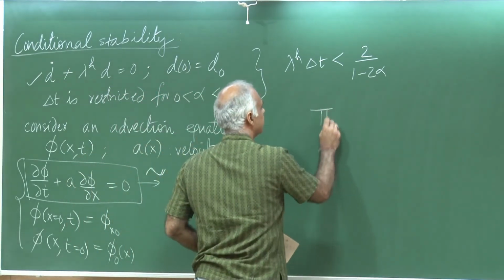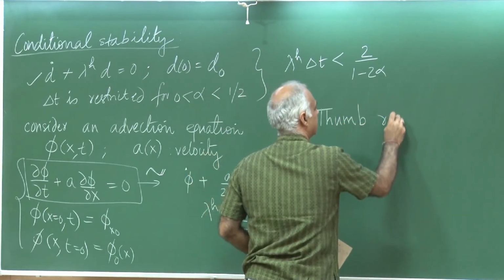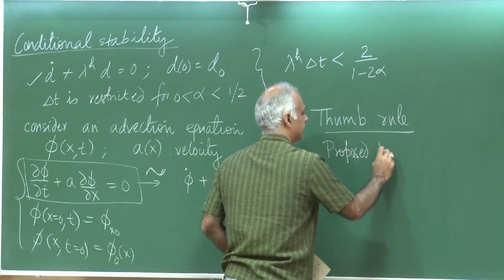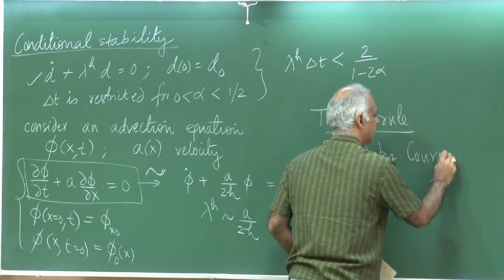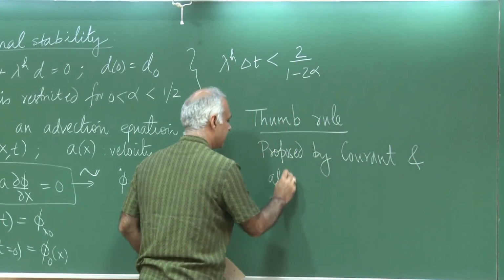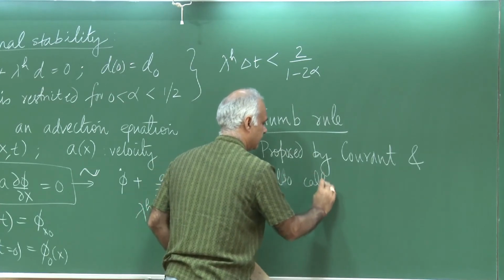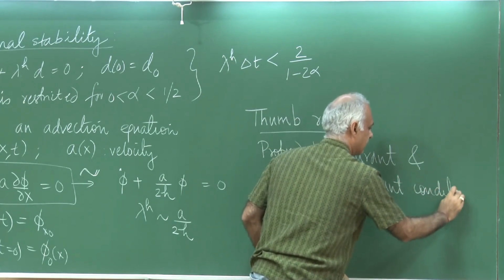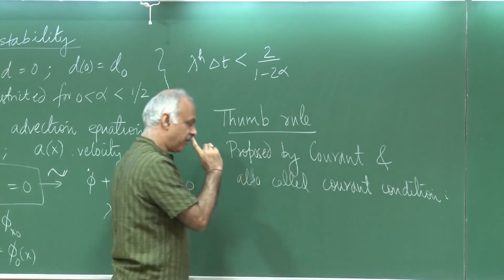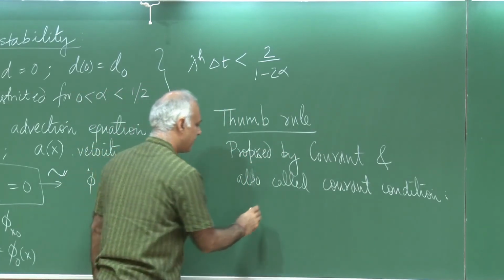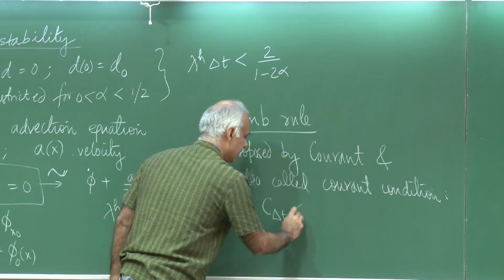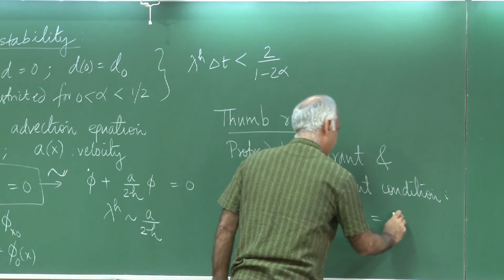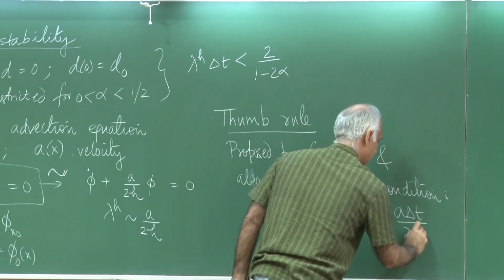So, there is a thumb rule proposed by Courant, and it is also called the Courant condition, which says the following: that for stability I must have my Courant number C delta t less than 1, where C delta t is defined as A delta t by 2h.